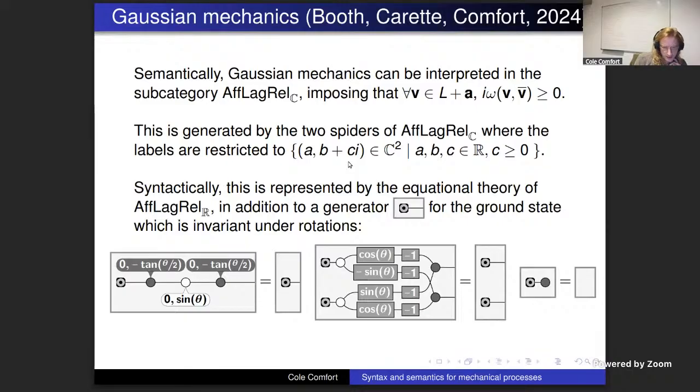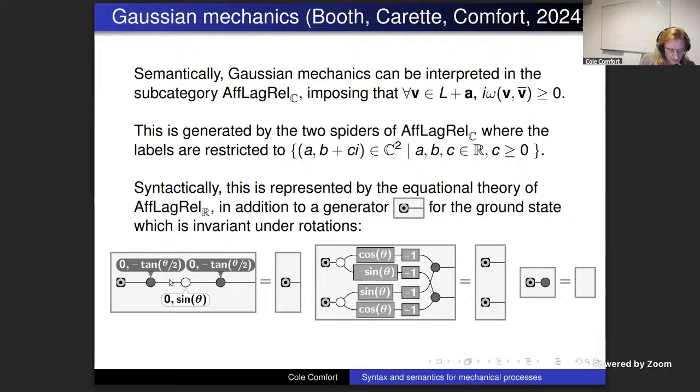And we showed that if you take this equational theory for affine Lagrangian relations over the real numbers, and you add a single new generator corresponding to this ground state, which represents this Gaussian distribution in phase space, then you only have to add 3 equations to become equivalent to this category I'm describing above, namely that it's invariant under rotations and that you can discard it.